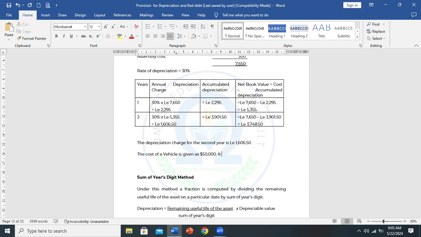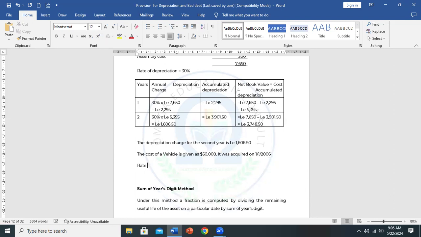It was acquired on 1st January 2006. The rate of depreciation is 10% per annum, reducing balance method.